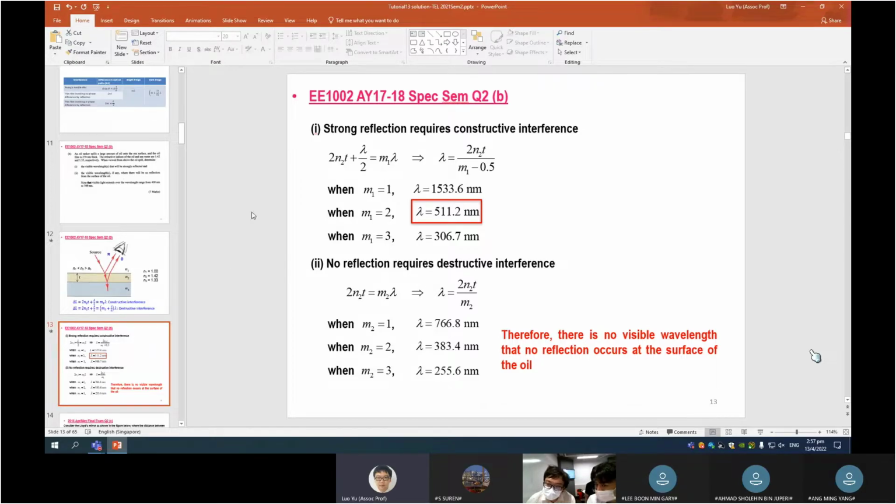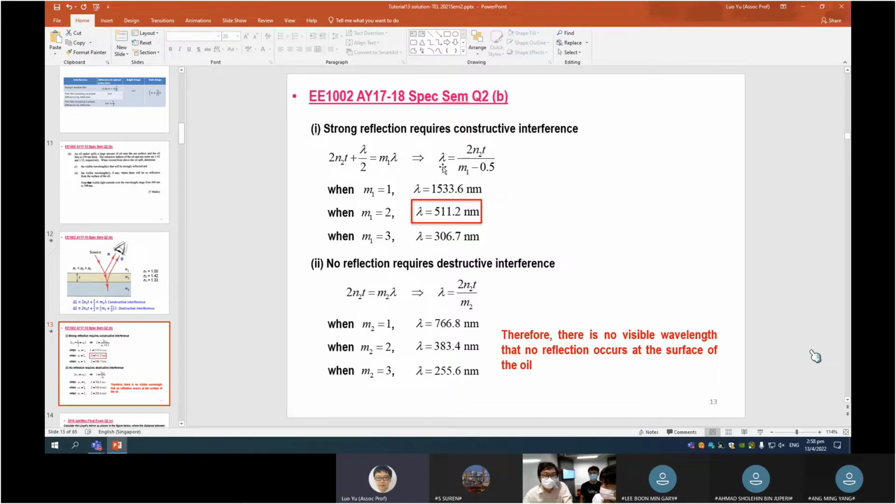Because if m equals 0, lambda is negative. If this is 2m minus half lambda, then m can start at 0, because it's m plus 0.5. You need to check whether this makes sense. If m starts with 0 and lambda is negative, that cannot happen. But if this is minus lambda, and you use this equation, then it's m plus 0.5, and m can start with 0.